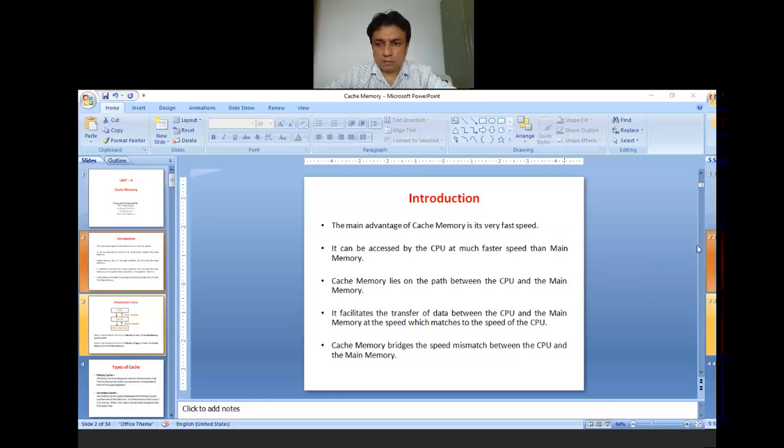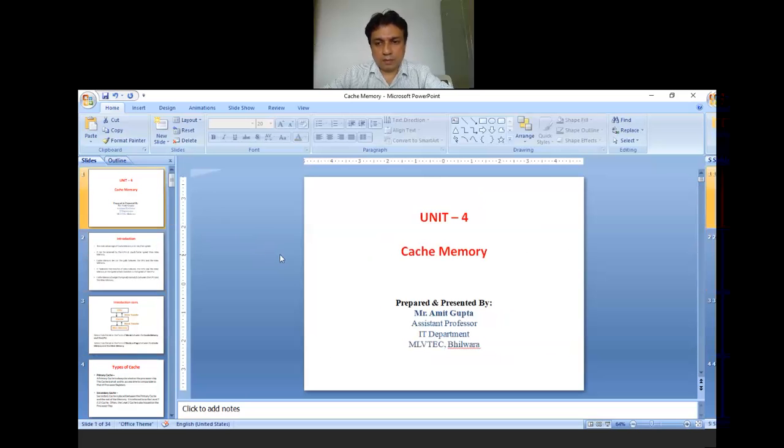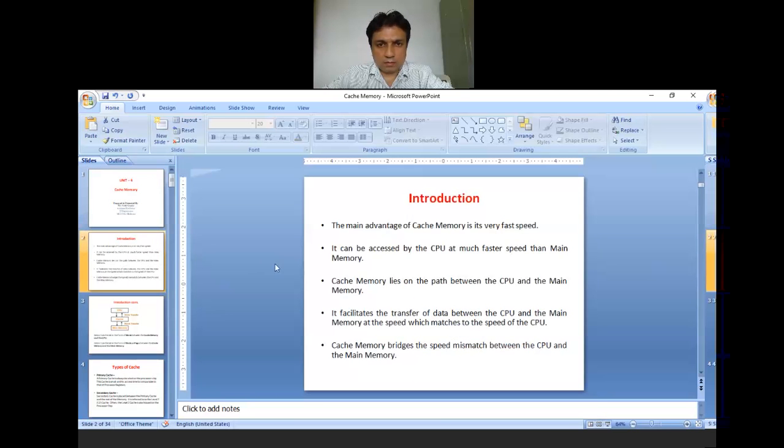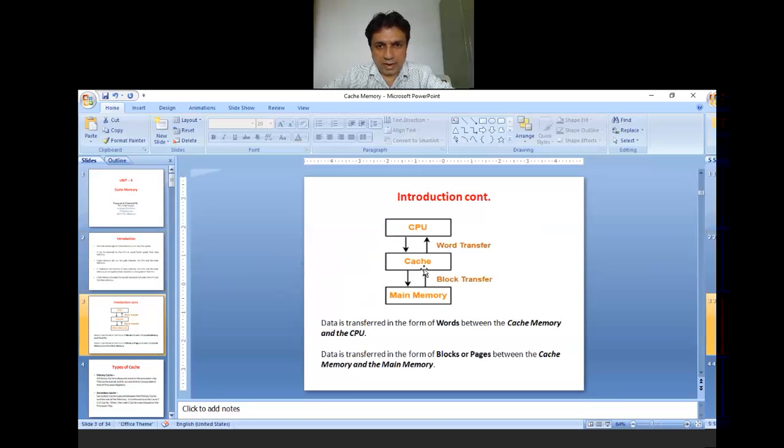Okay. So let's start today's class. In the last class, we already discussed the cache memory. I am revising it because today's class is basically dependent on the last class. We know that the cache memory lies between the main memory and the CPU, and its main function is to speed up the process.